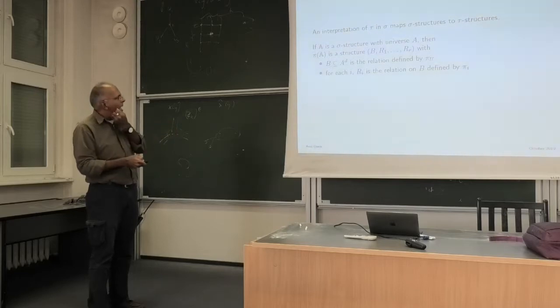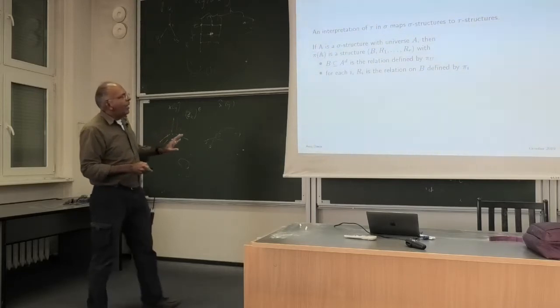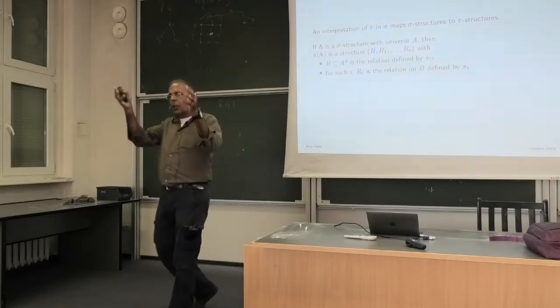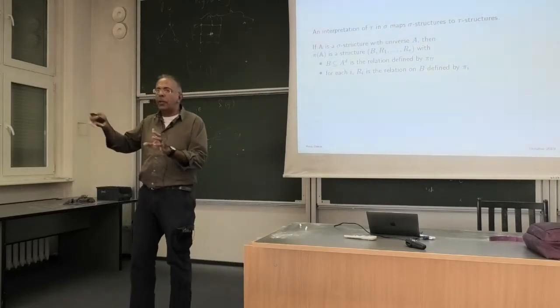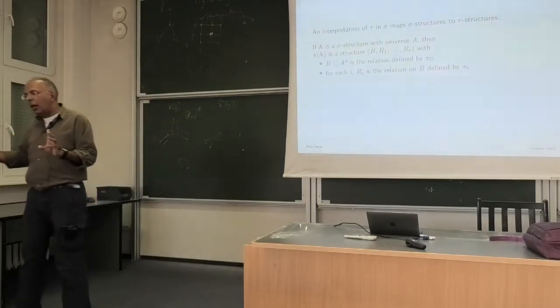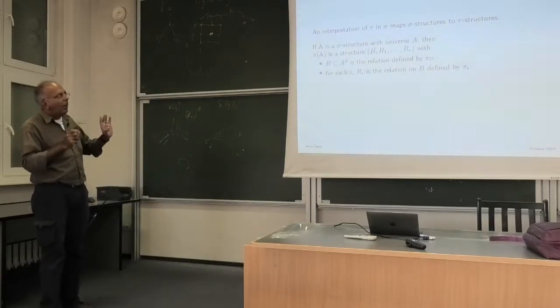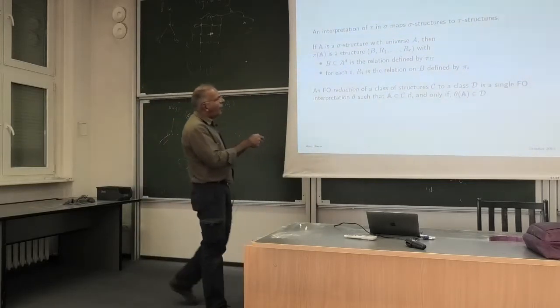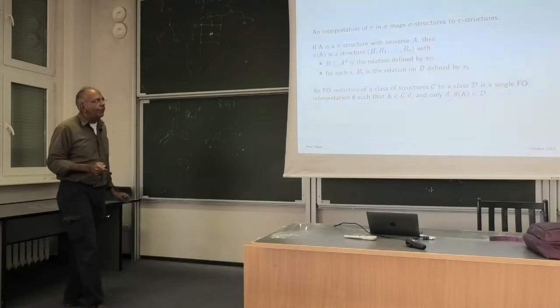More generally, we can also consider interpretations which not just define the universe, but take its quotient under some definable equivalence relation or congruence relation. I'm not going to be that concerned with the details, but this gives us a notion of reduction.